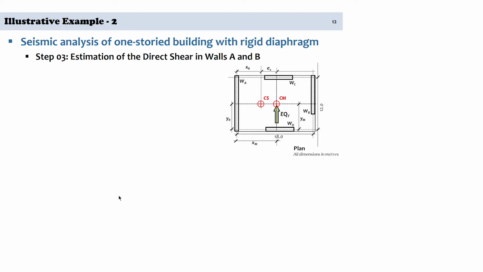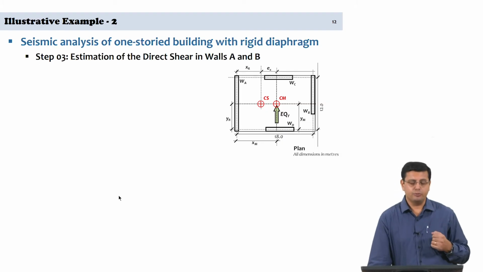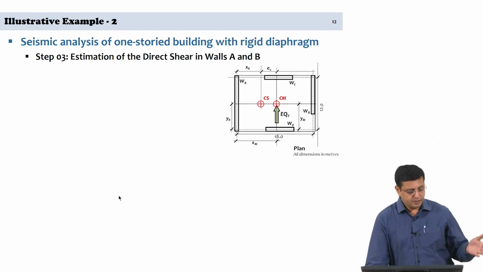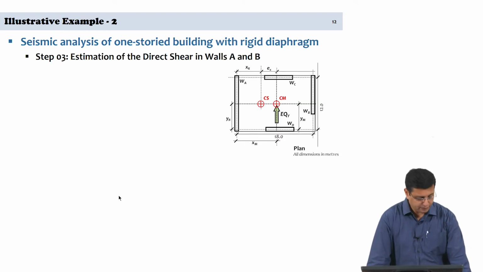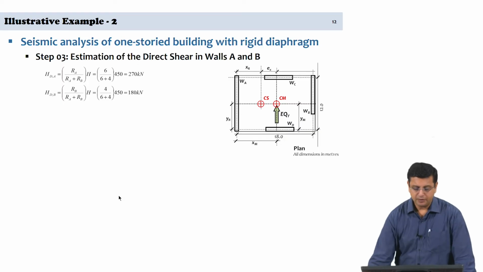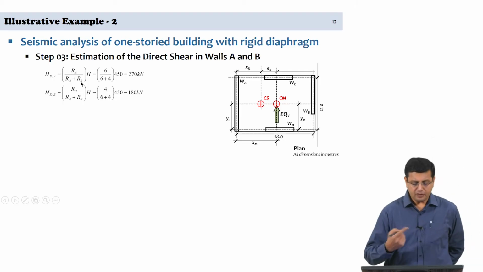Now, step 3, let us estimate the direct shear in the two walls that we are interested in, and since it is a rigid diaphragm problem, we are going to be looking at distribution of the shear forces proportionate to the stiffnesses, and therefore, the direct shear force designated as HDA, direct shear force corresponding to wall A, is nothing but the distribution factor.